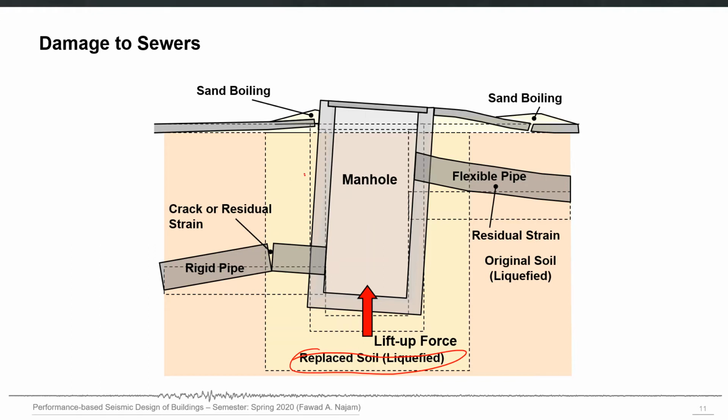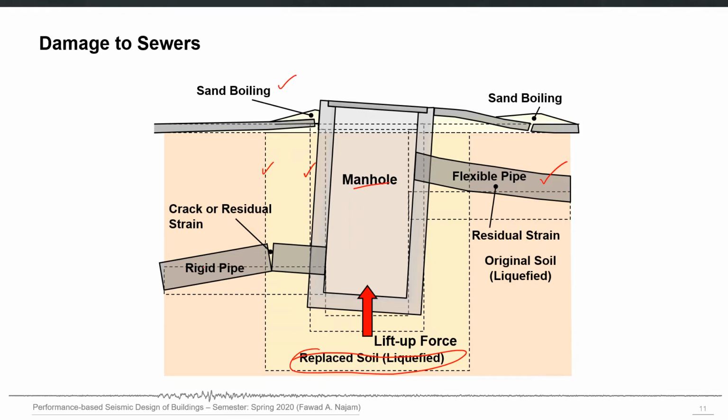So these dotted lines represent the original configuration of this sewer system, where you have a manhole, a rigid pipe connecting here, and a flexible pipe connecting here. So because of these uplift forces which will be experienced due to the liquefaction of soil, the actual manhole may just lift up, and we can have a problem of sand boiling, and that manhole structure can just come out of the ground and then it can be damaged.